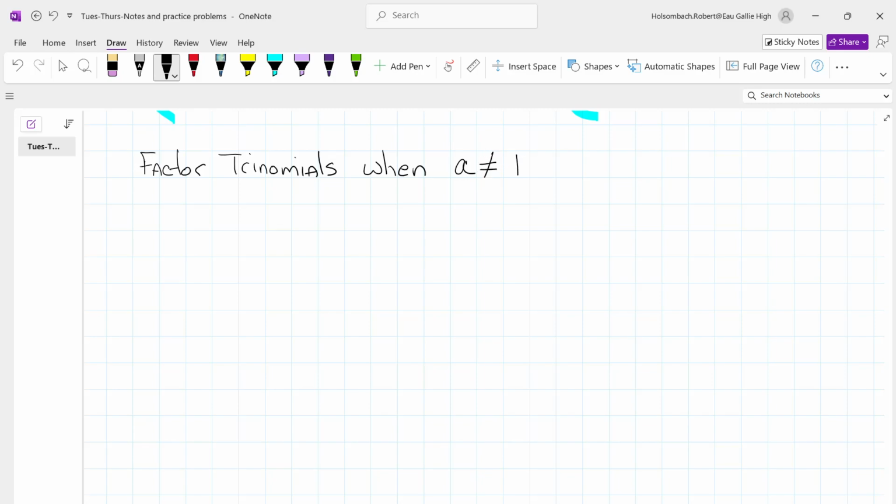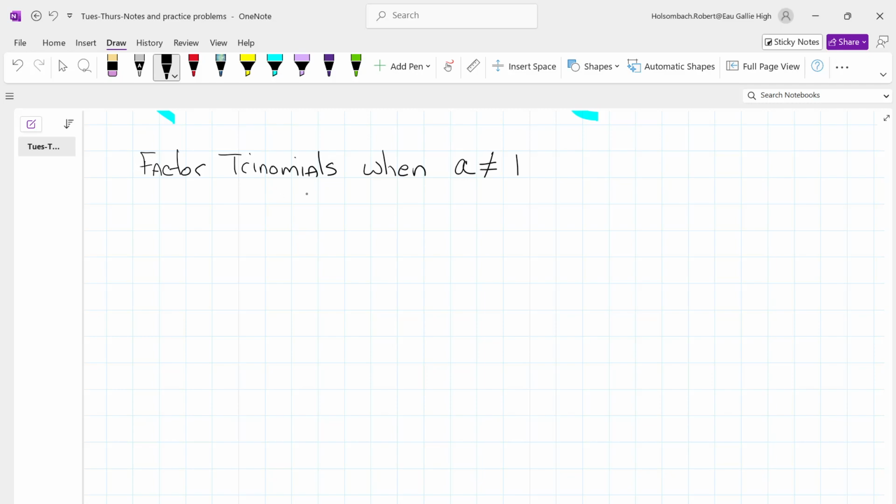All right, and the best thing about it is that your technique with drawing the X pretty much stays the same with a few modifications, but it really makes factoring these trinomials a lot simpler.